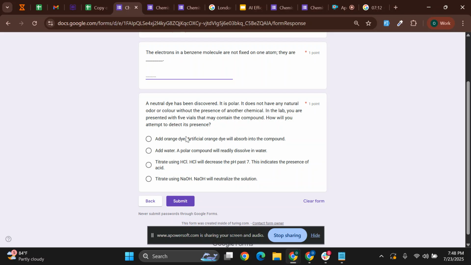Add water, a polar compound will readily dissolve in water. I will go with titrate.